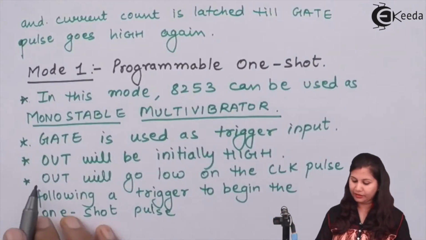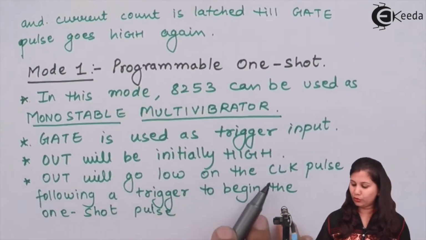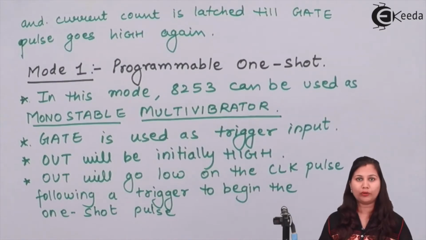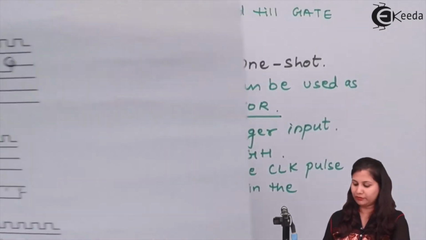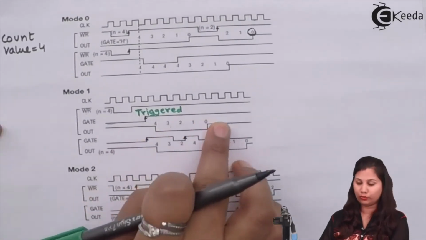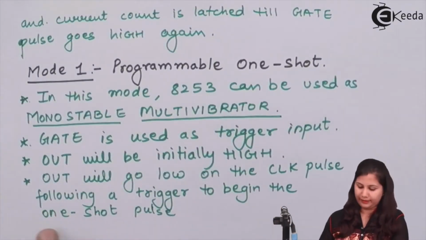So here I have written that out will be initially high, and out will go low on the clock pulse following a trigger, meaning following the trigger, after one clock pulse, the out will go low to begin the one shot pulse.